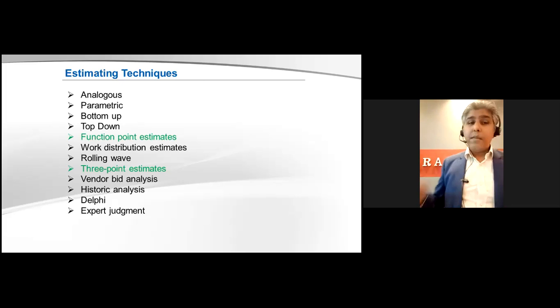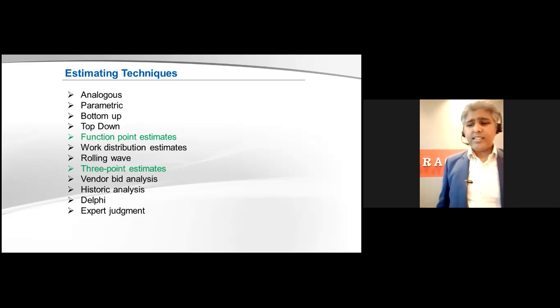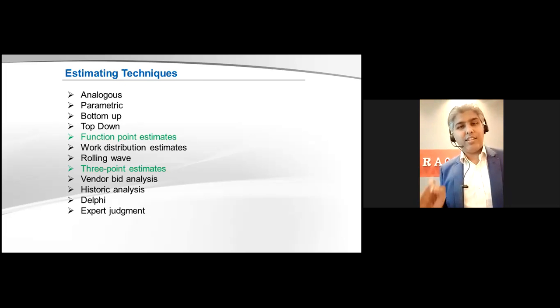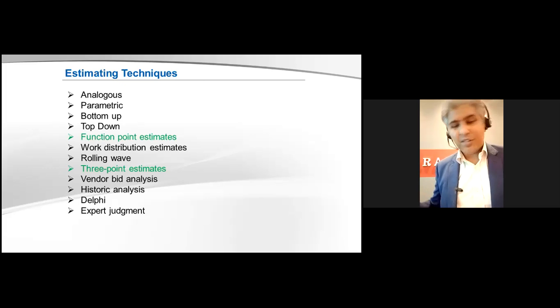One of the most important techniques we are going to discuss is the function point estimate, and the 3-point estimate. With function point estimate, you say that if there is a complex report, it takes X number of days; if it's a medium-complexity report, it takes this many days. You make this standard from your Delphi technique, which means history and expert judgment.